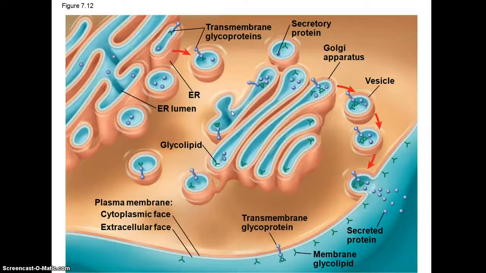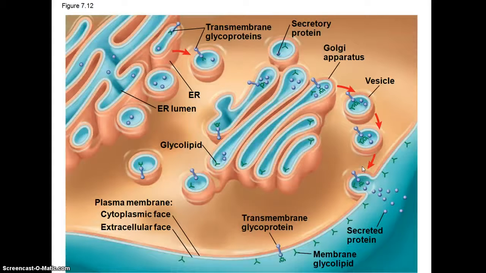Then, as we see these substances move over into the Golgi, the glycoproteins undergo further carbohydrate modification, and the lipids grab onto more carbs. The glycoproteins, the glycolipids, and other secretory proteins are then going to be transported via vesicles over to the plasma membrane. When the vesicles fuse with the plasma membrane, the outer face of the vesicle becomes continuous with the inside face of the plasma membrane.